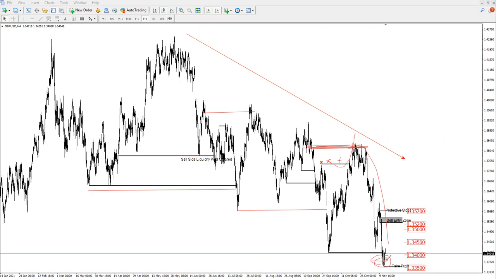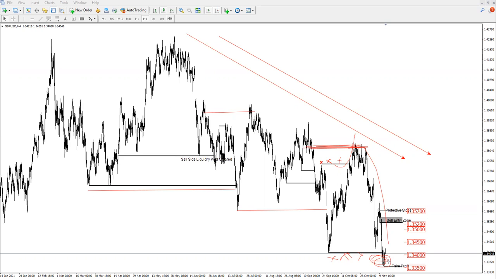And now that we have cleared sell side liquidity here, and of course, our bias is bullish, we still need to take note of logical areas in here where we can start shorting.